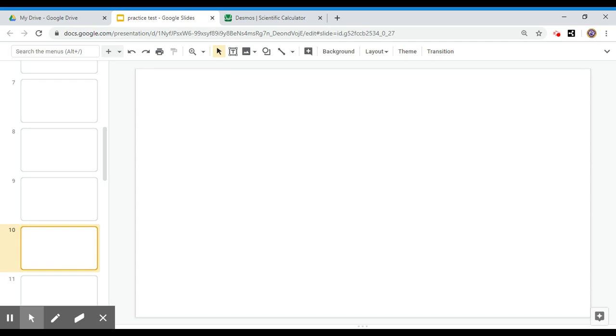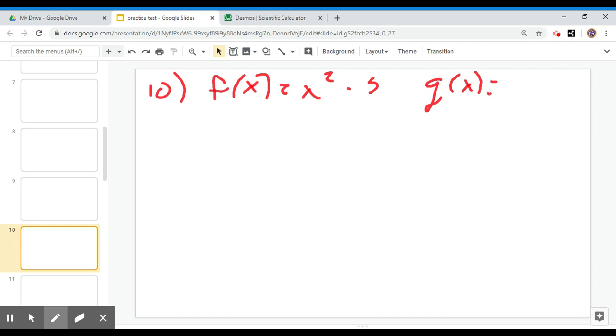All right, next page, number 10. So this is dealing with our functions, our power functions. So for number 10, we have f of x equals x squared minus 5, and g of x equals 3x squared. We need to find g of f of x.